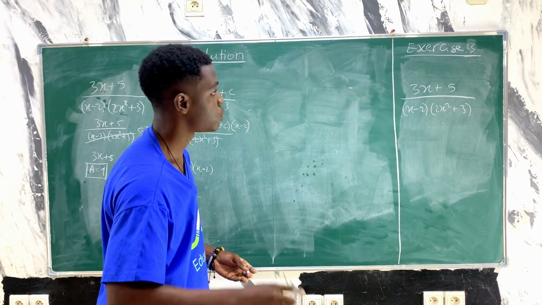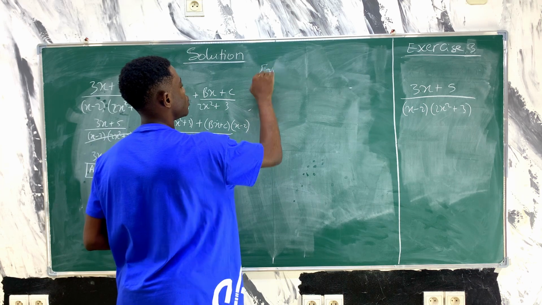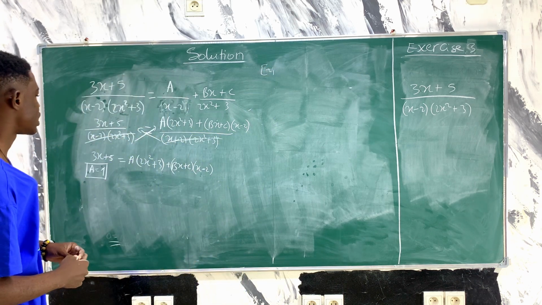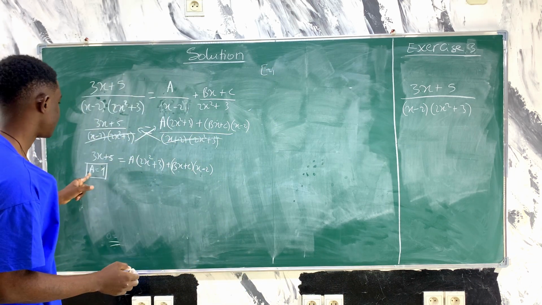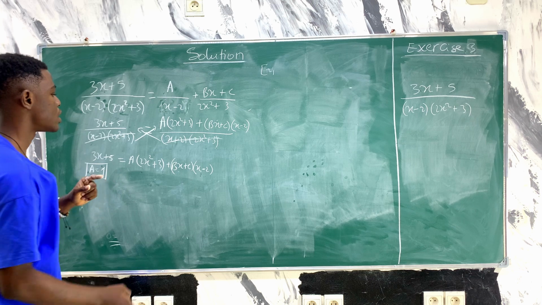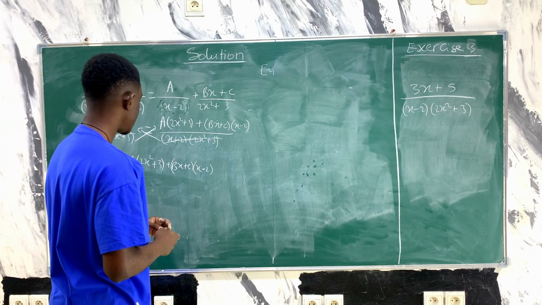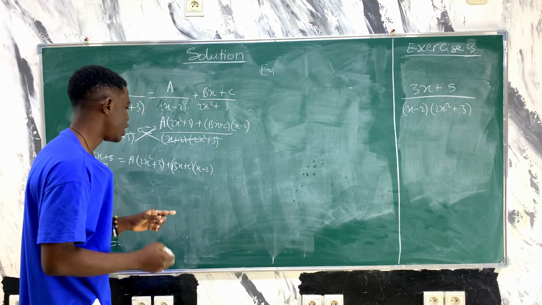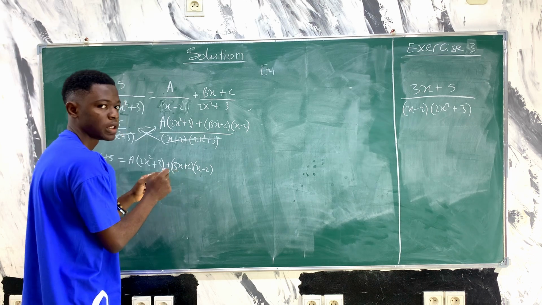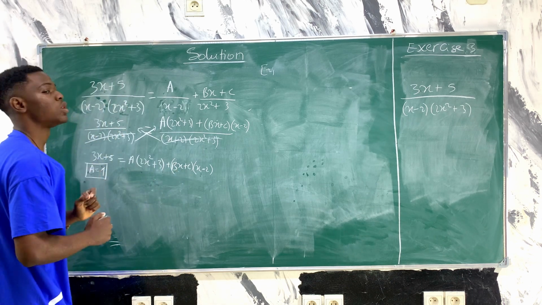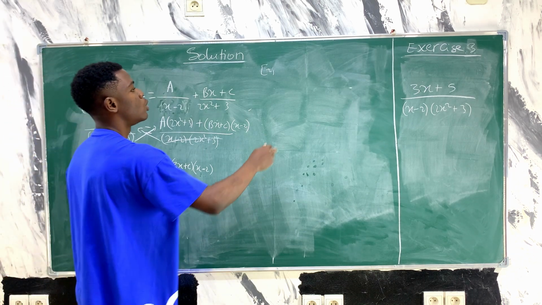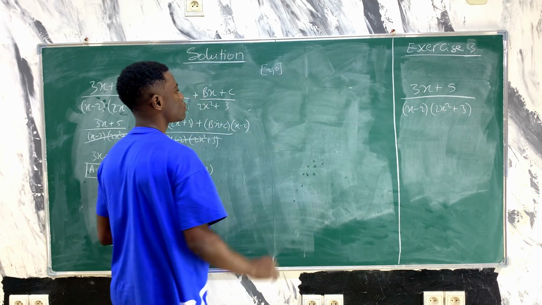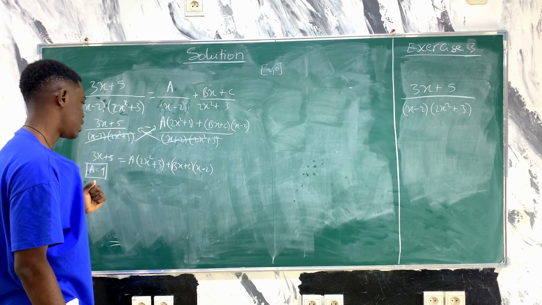So my first value is going to be 2. What else will I use? Because I need 2 others. I need 2 values because I already have a. The next unknowns are b and c. So I need 2. What else will I use? I think that when I use 0, 0 is going to cancel this b and 0 is going to cancel this b, so it's going to reduce my equation. So I can use 0. So those are the 2 values of x that I will use.